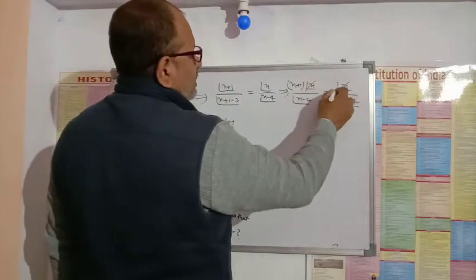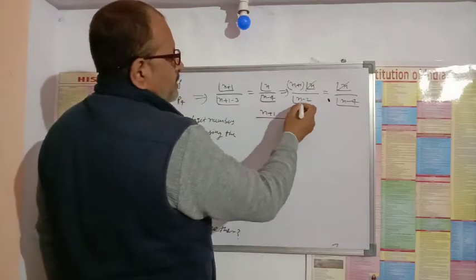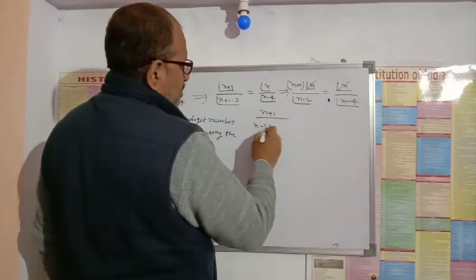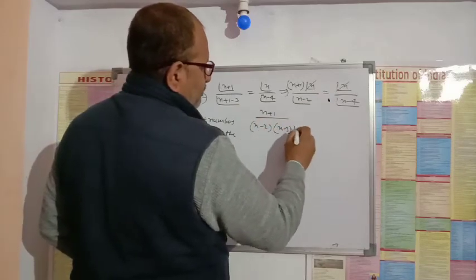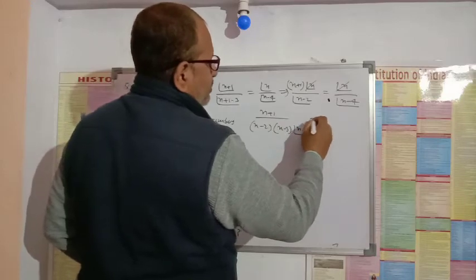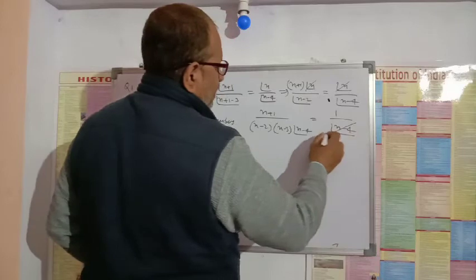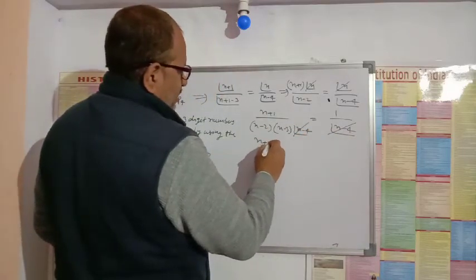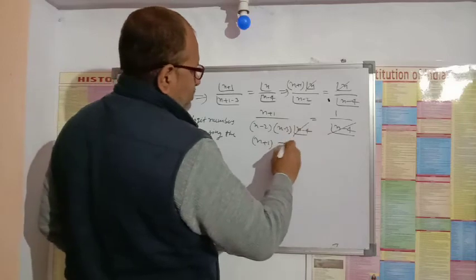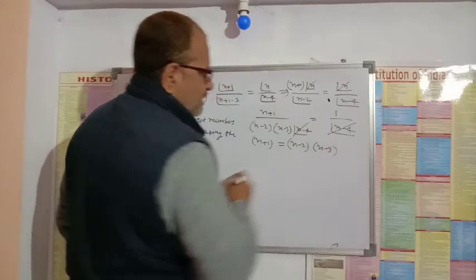Factorial n we can cancel. (n+1), take (n-2) outside and (n-3). We will write (n-4) is equal to 1 upon (n-4). (n-4), (n-4) cancel. Cross multiply: n+1 is equal to (n-2)(n-3).